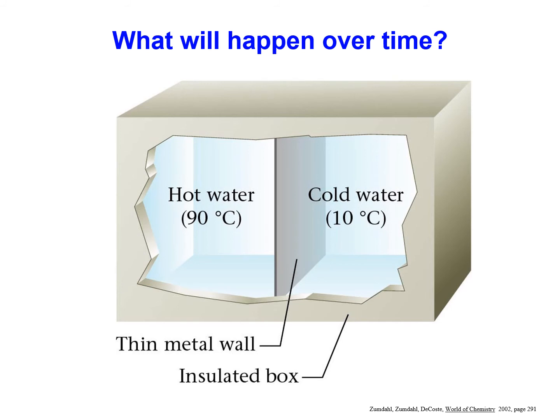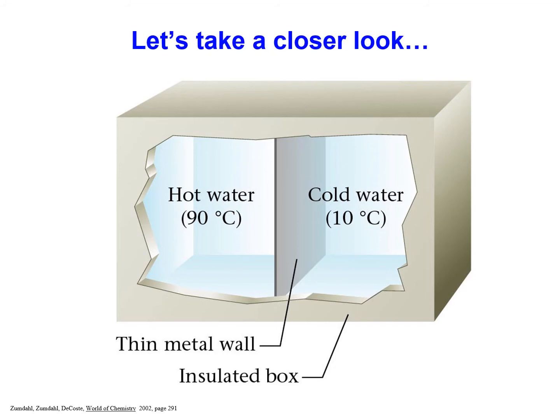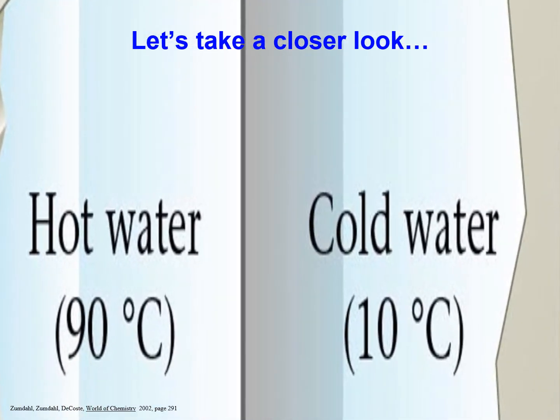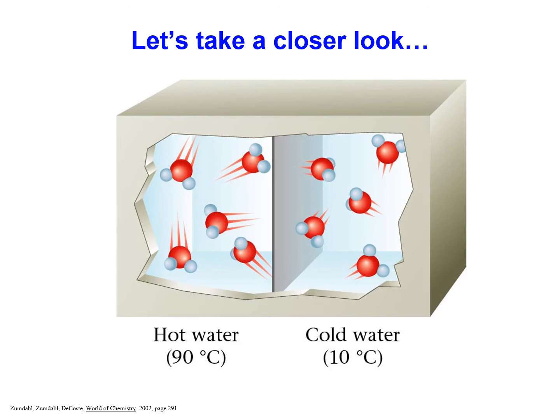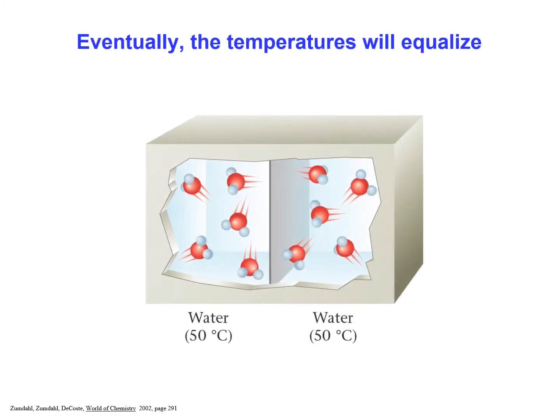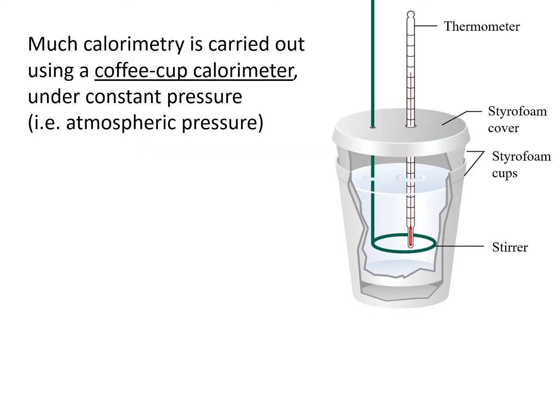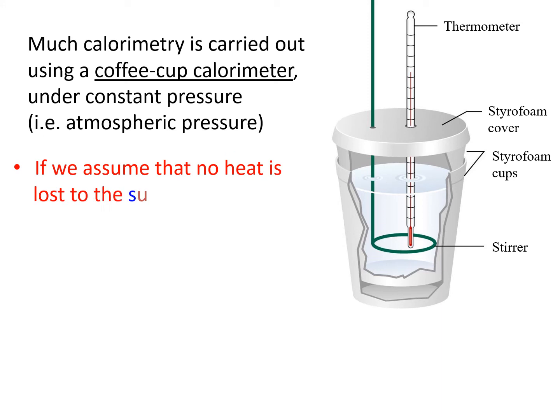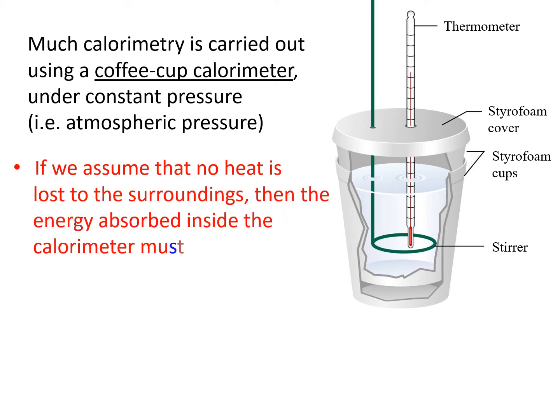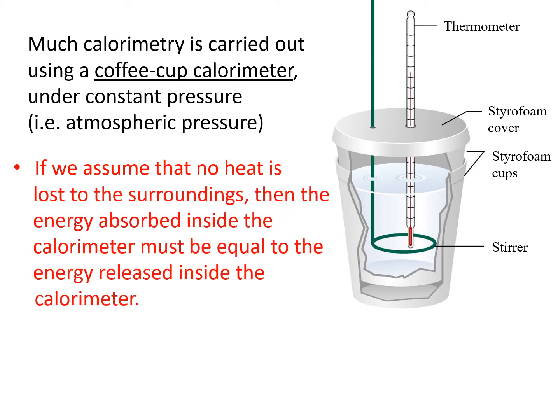So what will happen over time if you have hot water here and cold water here? Your hot water is moving fast, your cold water is moving slow. But the collisions are going to eventually make the water go the same speed. So you saw this in your lab using a little calorimeter. Similar.